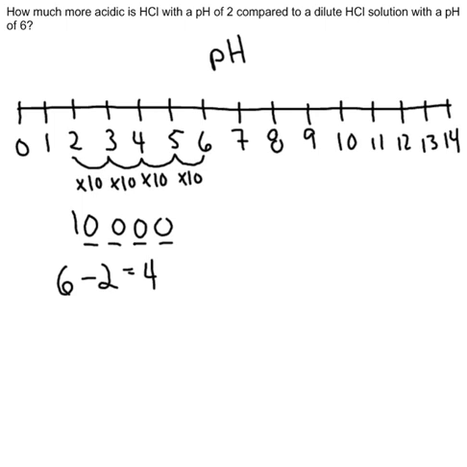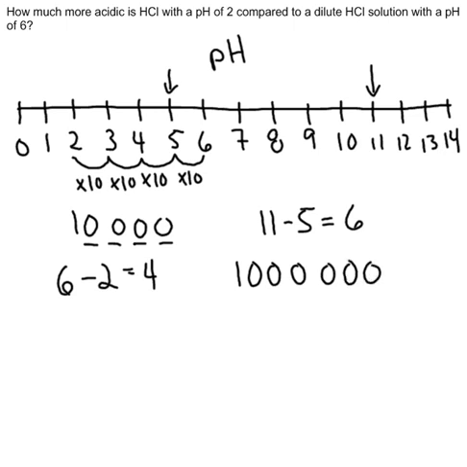So for example, if I wanted to know, well, how much more acidic is something with a pH of 5 compared with something with a pH of 11, we could say then, all right, 11 minus 5 equals 6, and so that must be 1,000,000 times more acidic, so a 1 with 6 zeros after it.